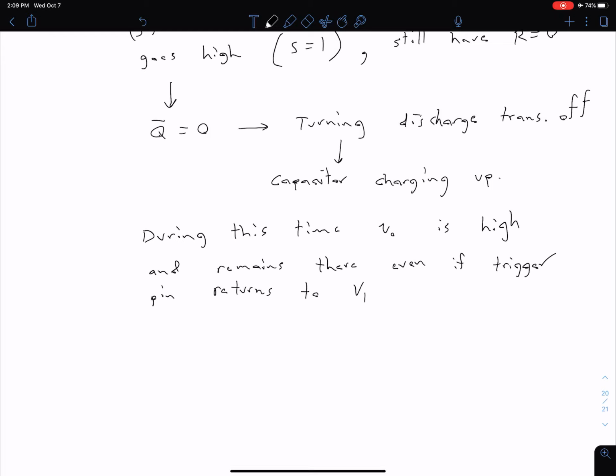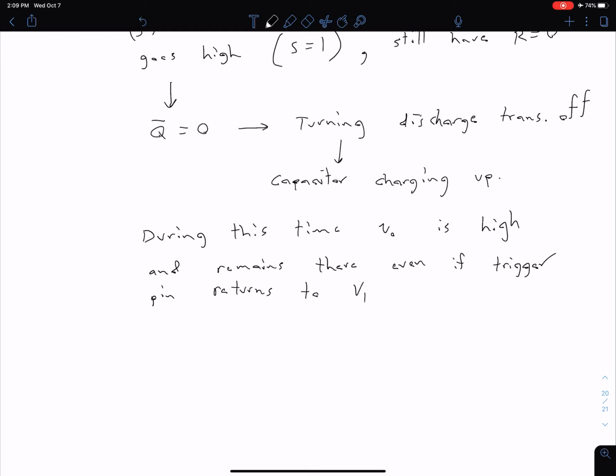But we know that that's not going to stay like that forever, so let's take a look at when that's going to change. We're going to do that by starting with our capacitor equation during charging. Our capacitor voltage during that charging cycle is given by the following.